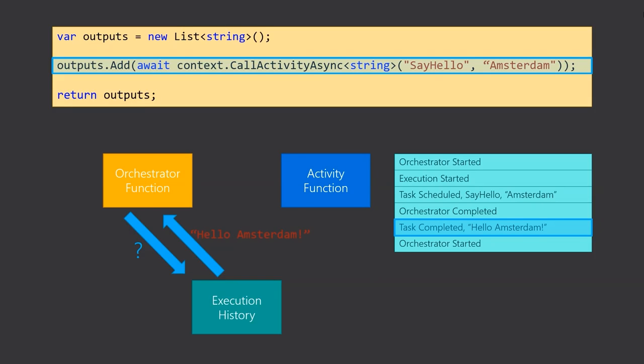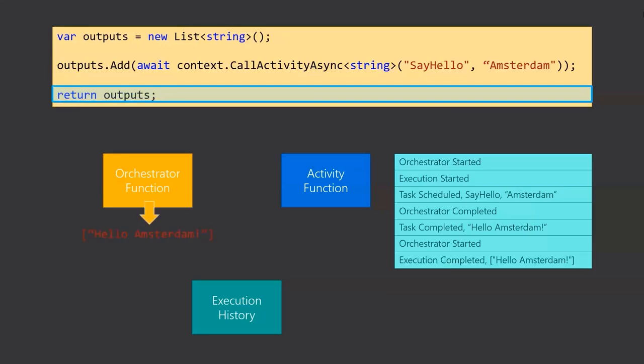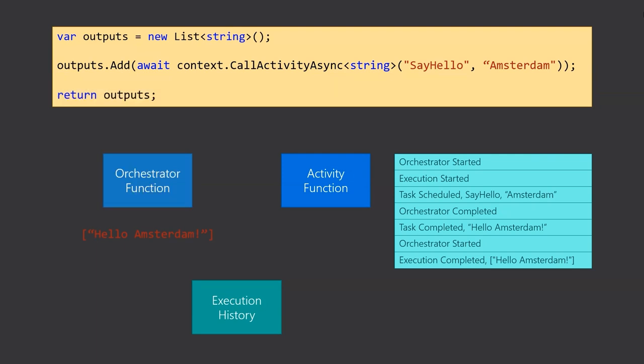So the orchestrator at that point doesn't really have to wait for anything else. It's just going to run the rest of the code with that result. So it will add hello Amsterdam to the outputs and return hello Amsterdam. And at that point, the execution is completed, and at the end, the orchestrator has completed. So you have the whole process here.